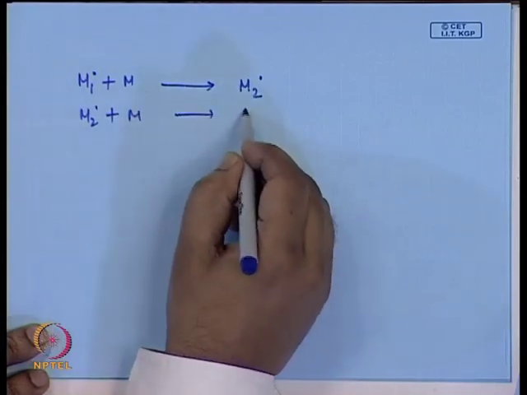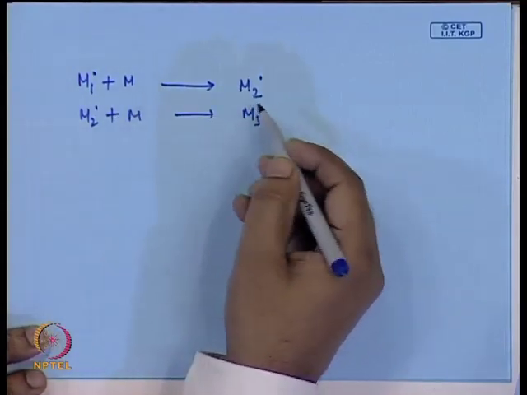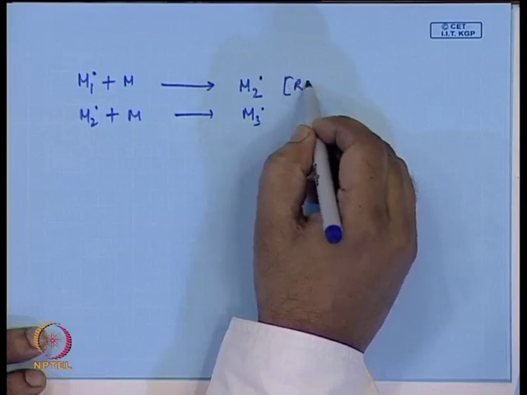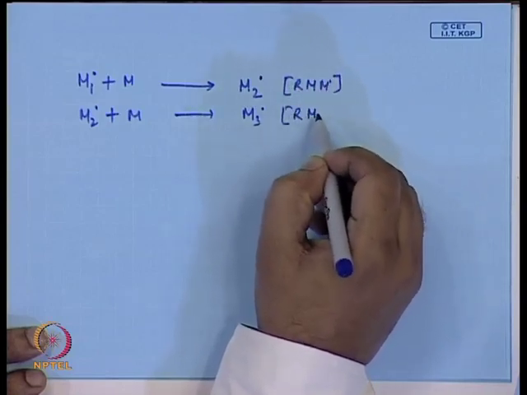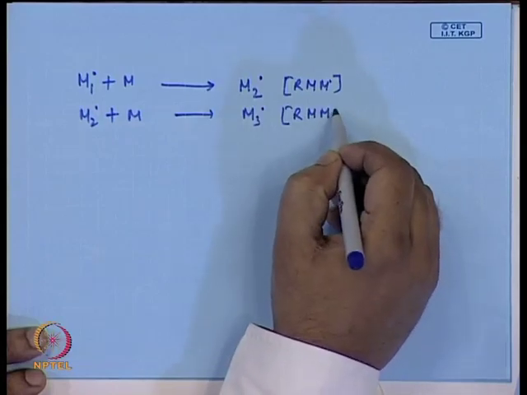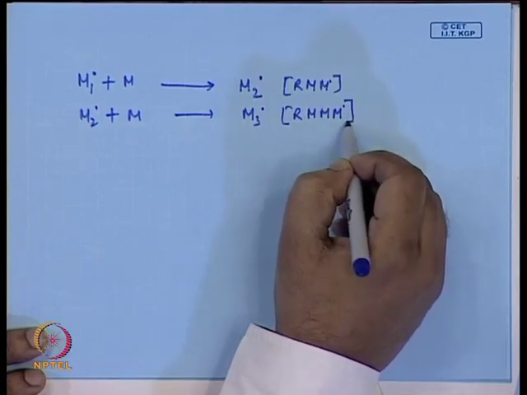This again reacts to form M3 dot, M2 dot is RMM dot, this is RMMM dot, and so on.